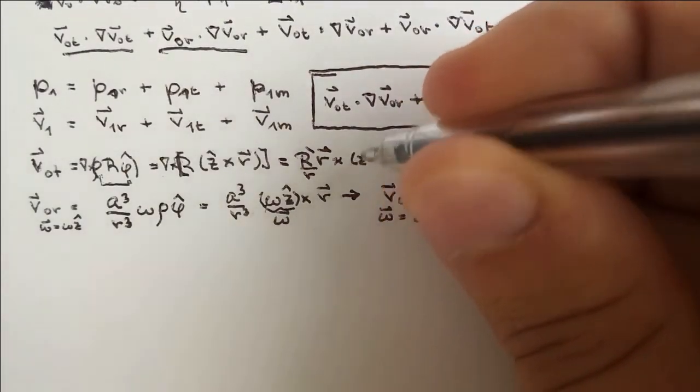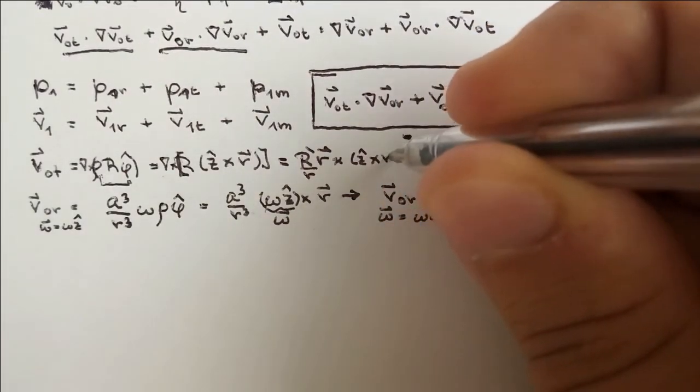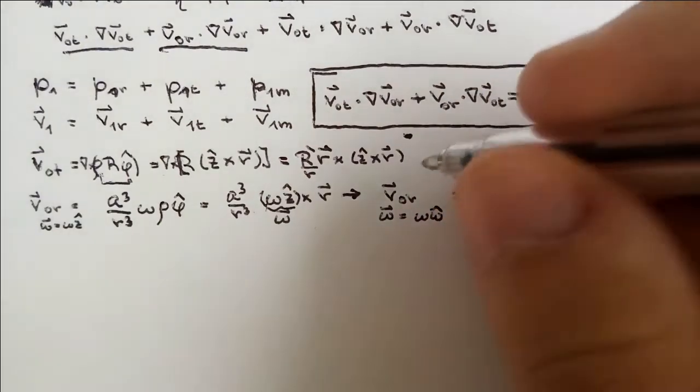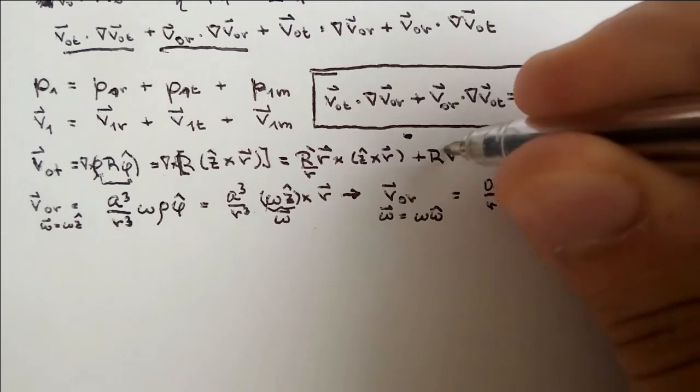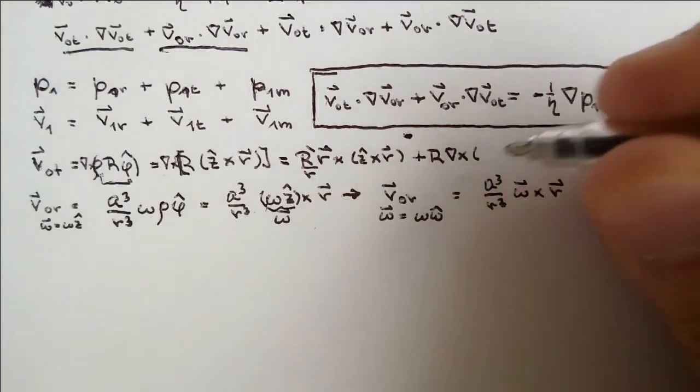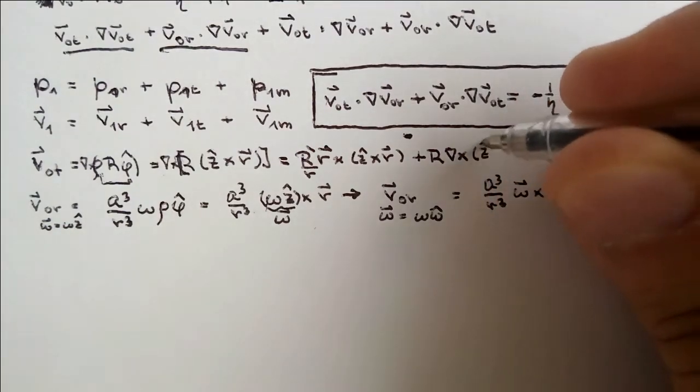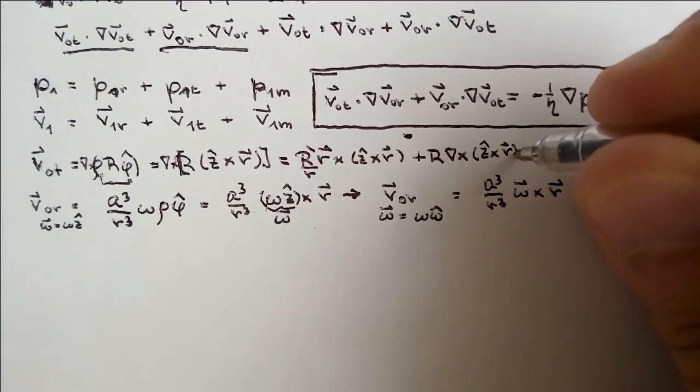So this is z cross r, and the second term is plus r, and this is the curl of z cross r.